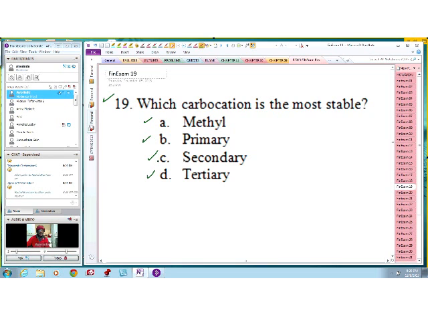This question is in a way related to the last problem that we just solved. Which is the most stable carbocation? D. Excellent. The answer here is D. The more substituted the carbocation, the more stable the carbocation. So tertiary carbocation is more stable than secondary, primary, or methyl. Very good. Let us go to the next one.